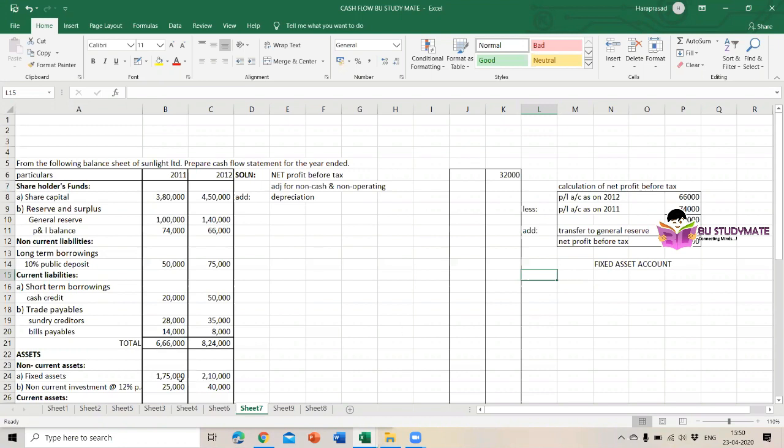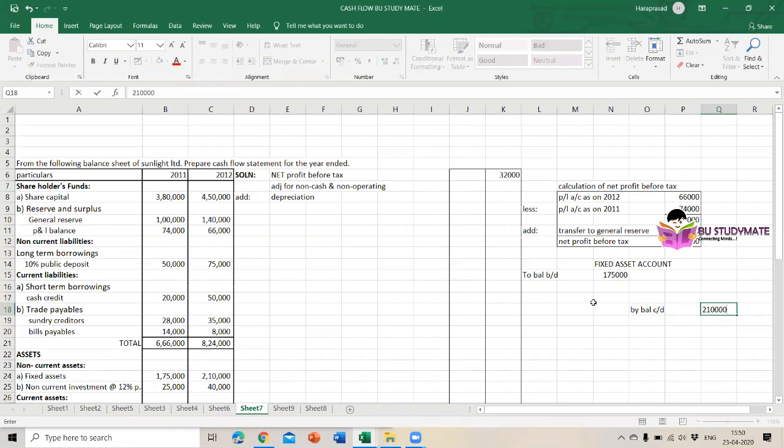Balance brought down is 1,75,000. First, opening balance. Then what all things we have? We have closing balance, so we'll write it on the right hand side. By balance carried down. How much is that? 1,75,000, 2,10,000.